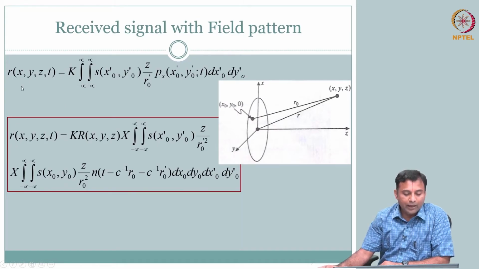So, you can write your R of x, y, z of t essentially as full. That is why you have to be cautious, because there are so many terms here. What we have done is we have expanded.